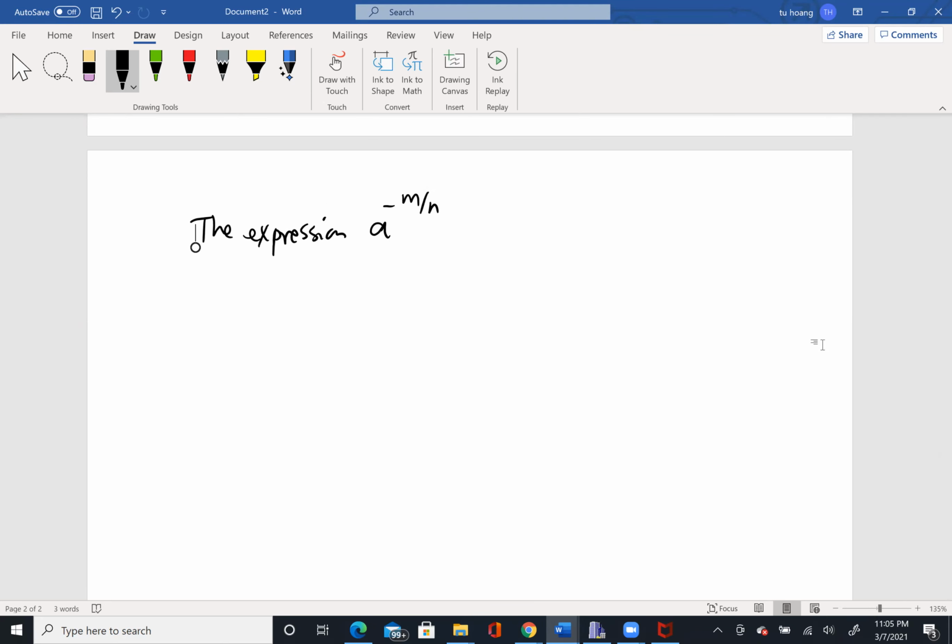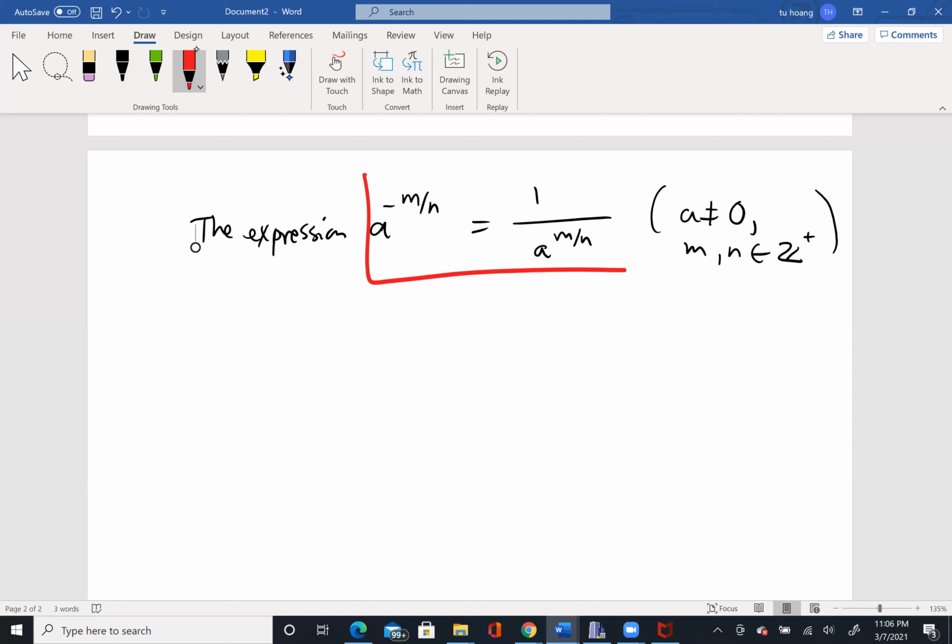You can change this to become 1 over a to power m over n, for a not equal to 0, and m and n are positive integers. So you should also remember this form.